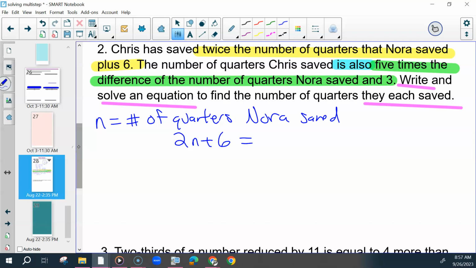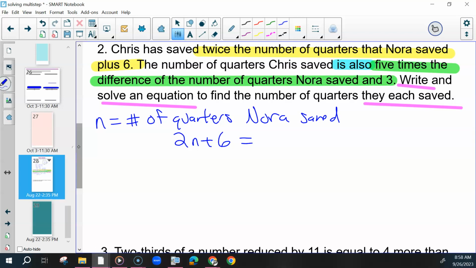And then in parentheses, that's easy. So we're only going to use one variable. 5 times the difference of the number of quarters Nora saved and 3. We are going to have parentheses.